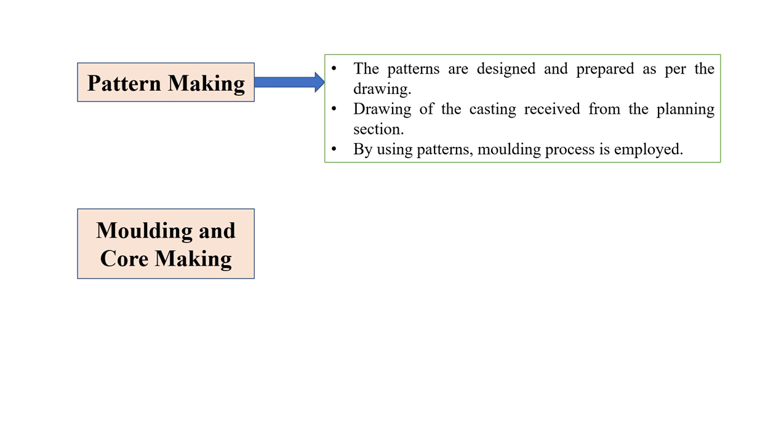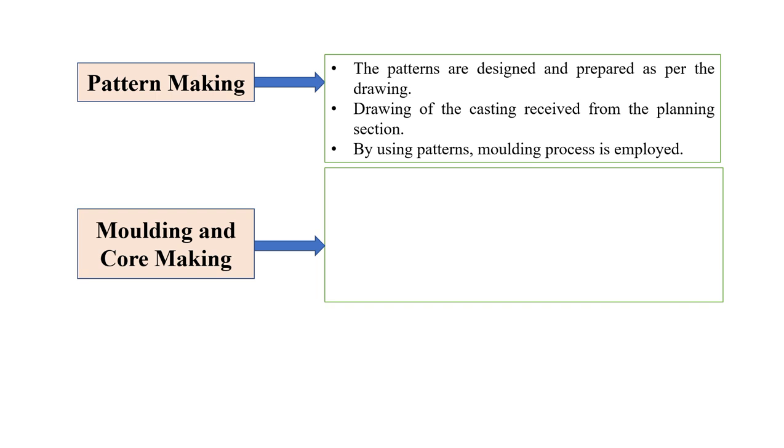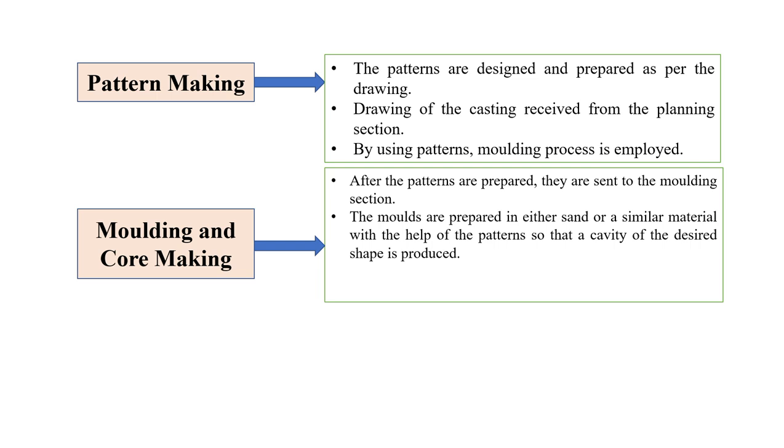In the stage of molding and core making, the mold is prepared with the help of the pattern, either from sand or a similar material, so that a cavity of the desired shape is produced.